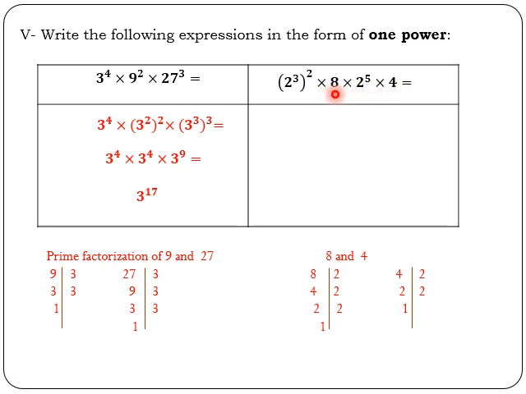The prime factorization of 8 is 2 cubed. 4 is 2 squared, so I have to replace them by the powers. Now, the next step, I have the same base, so just add the exponent. 6 plus 3 plus 5 plus 2 is 16, so the final answer is 2 to the power 16.